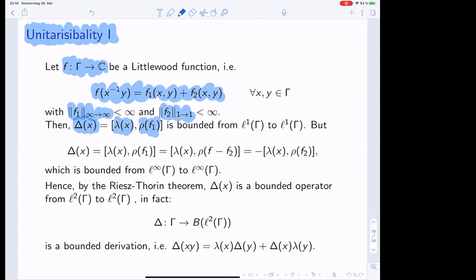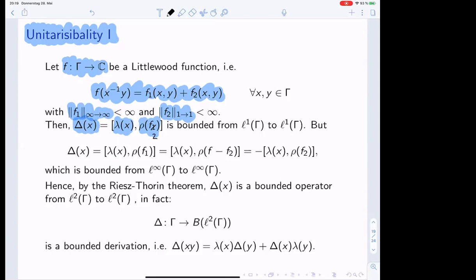So you can look at the commutator of these two operators. By definition, let me see, if I want to make this completely correct, this should be F2 here. So this is now obviously bounded from L1 to L1, because by definition F2 was bounded from L1 to L1, and certainly the shift by x is bounded from L1 to L1.